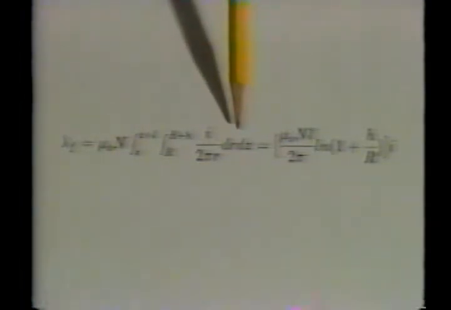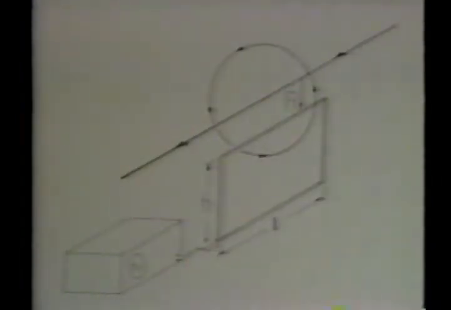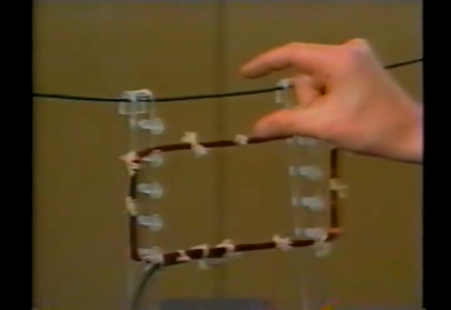To put data on a plot of normalized voltage as a function of normalized spacing, we compute V sub 0. The coil has 20 turns, a length of 21 centimeters, and the frequency is 60 Hertz.